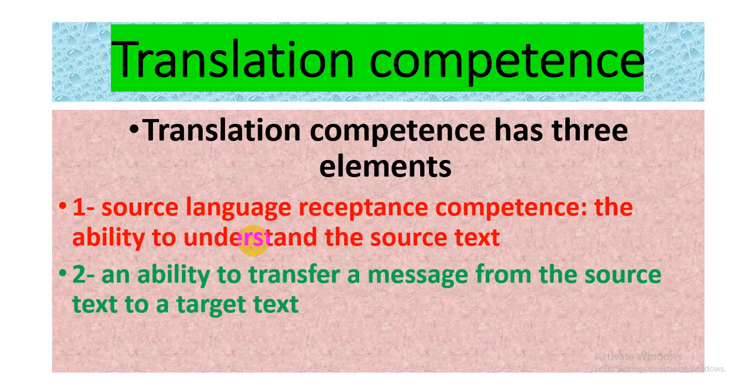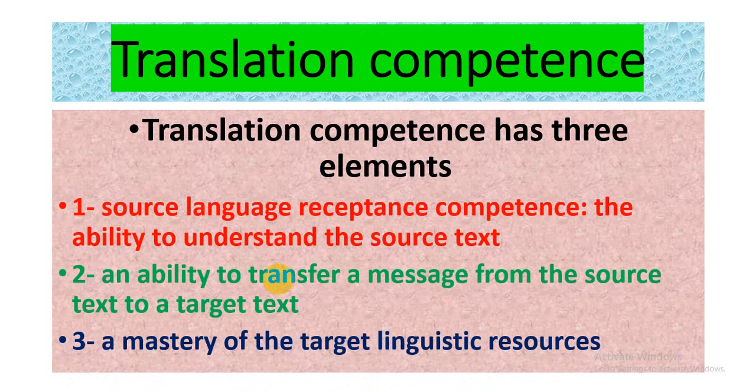Another component is the ability to transfer a message from the source text to a target text. The last component is a mastery of the target linguistic resources. So if you have these three items, this means you have translational competence, or you are a competent translator.